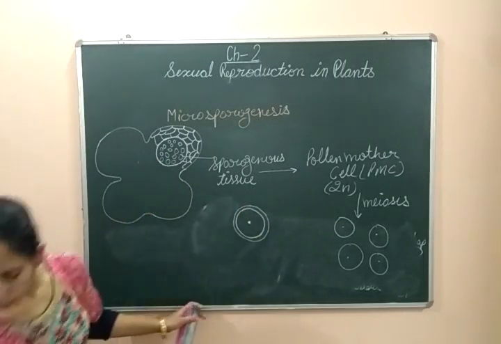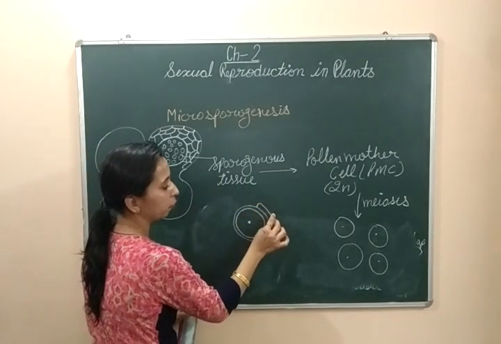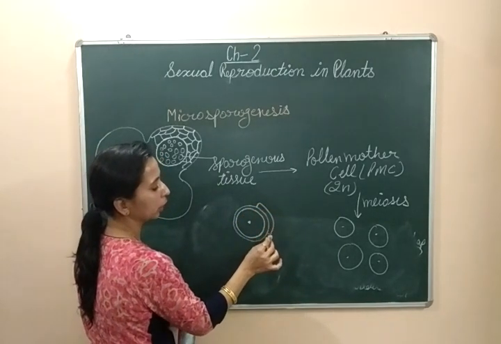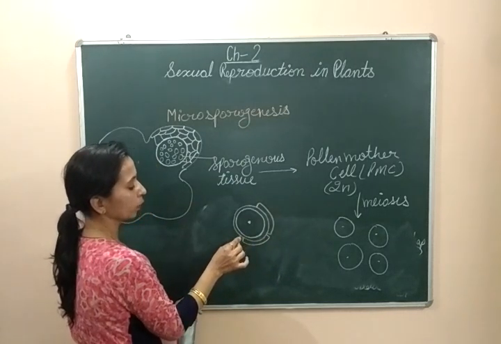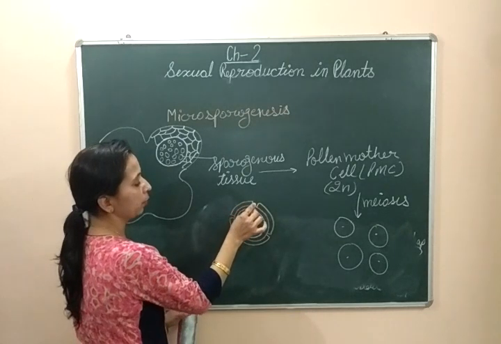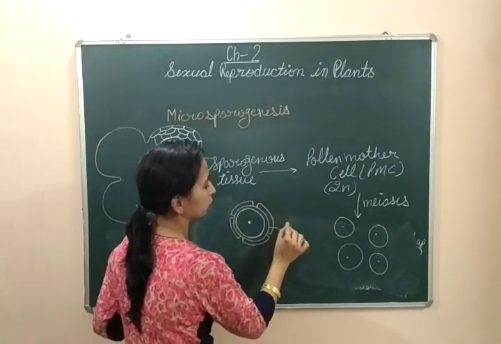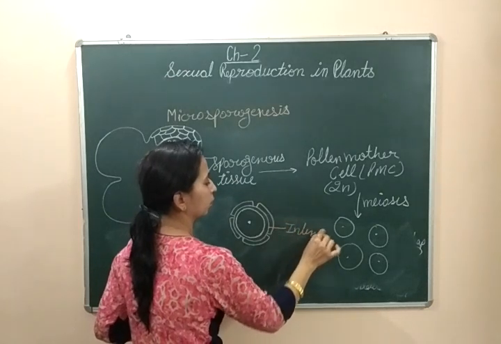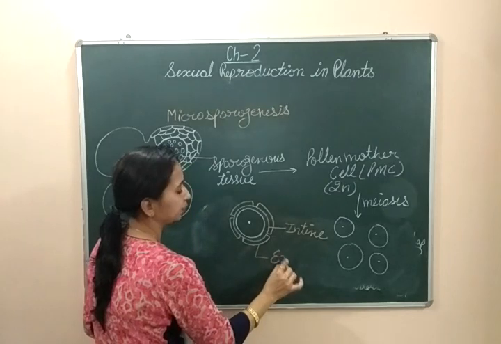Outside the intine, one more layer is formed, and this layer is not formed in a continuous manner. Some spaces will remain there. This layer is the intine, and this layer is formed by the tapetum.